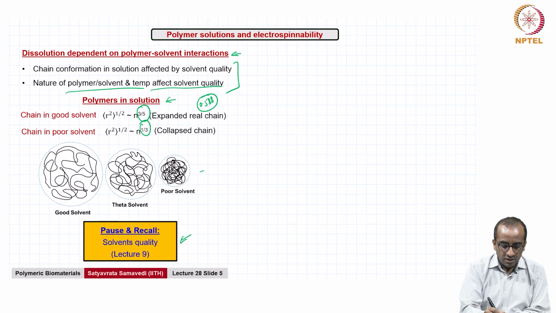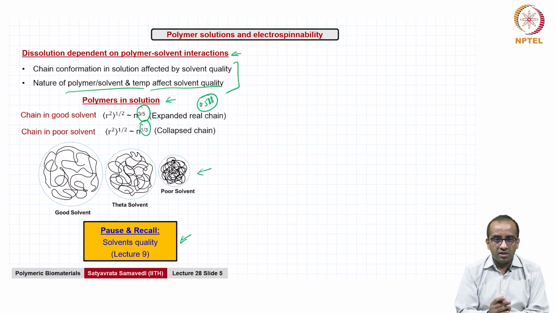And shown here are cartoons of what the chains would look like in a good solvent, theta solvent, and a poor solvent. And obviously, what you want for electrospinning is a good solvent. You want the solvent to solubilize the polymer so that you have a homogeneous solution that you can process through electrospinning.